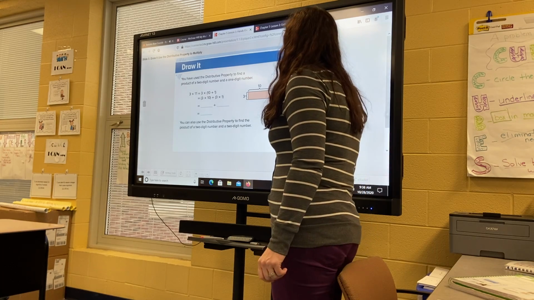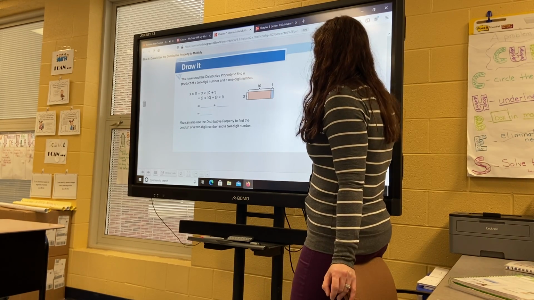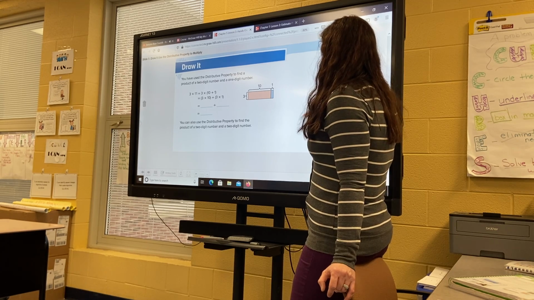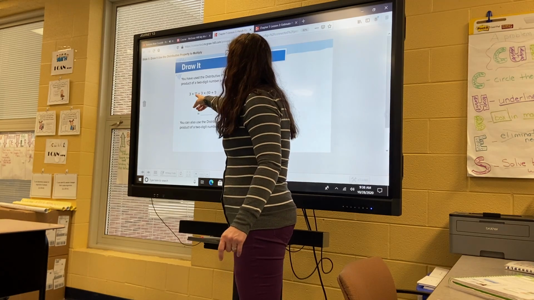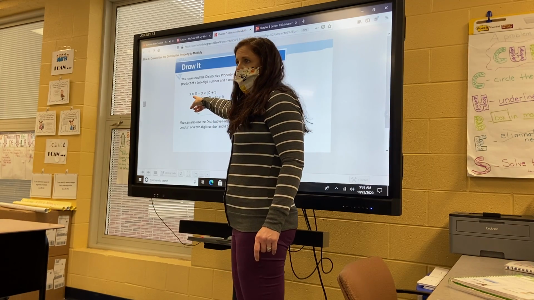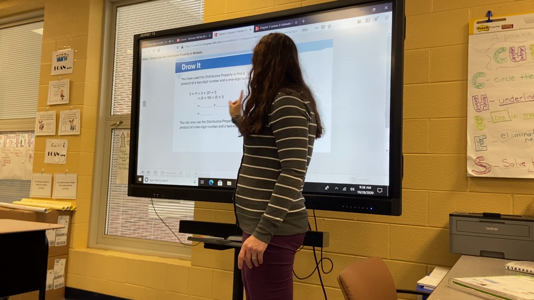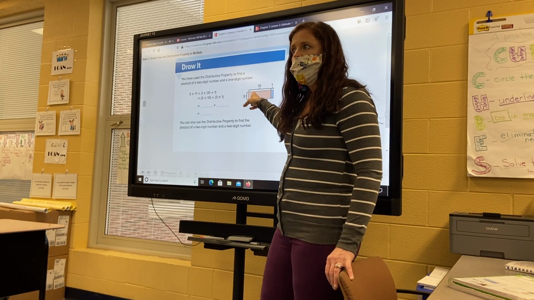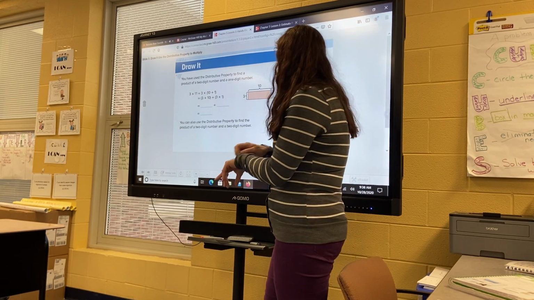It says you have used the distributive property to find a product of a 2-digit number and a 1-digit number. So they're going to show an example of what we've already done. So 3 times 11, you break the 11 down into expanded form, which is 10 plus 1. Does this look familiar? What's this called? Area model, okay?